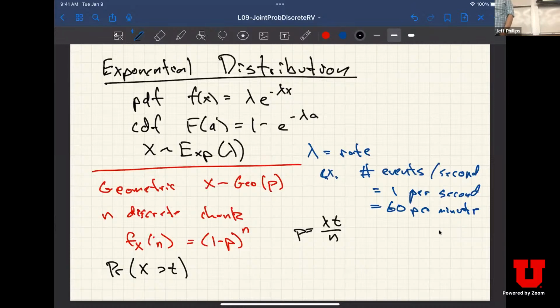I can write this probability as 1 minus gamma t over n, to the power n.